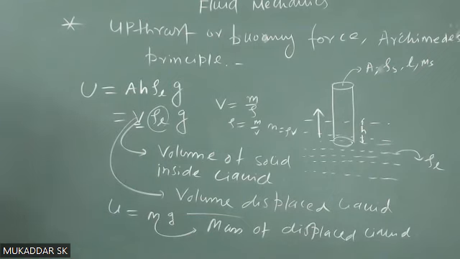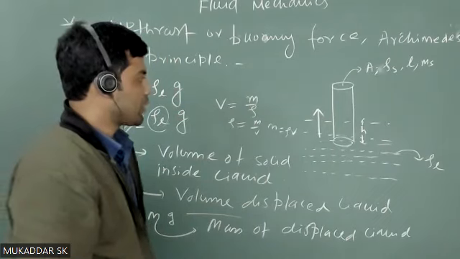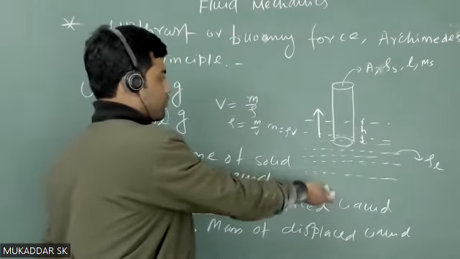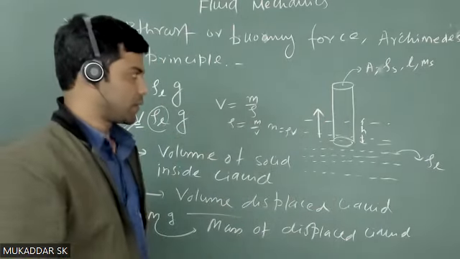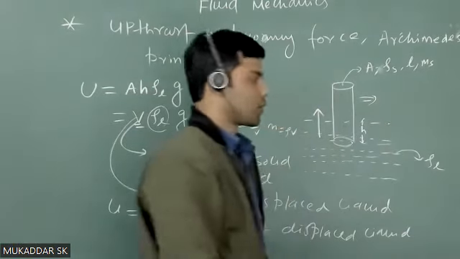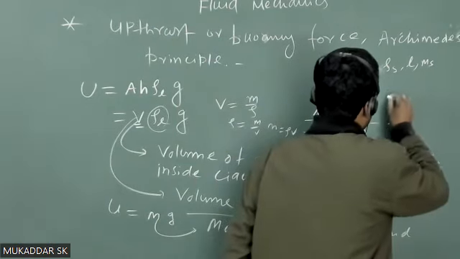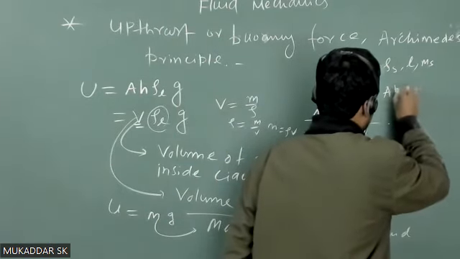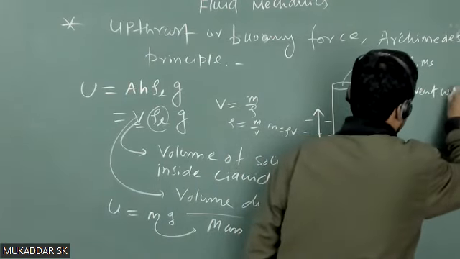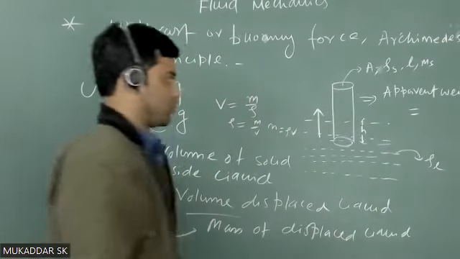Okay. Now when this solid comes inside that liquid, there is an upthrust force against gravity. So the net weight of this solid when it is inside that liquid will be the apparent weight, and that will be smaller than the actual weight.